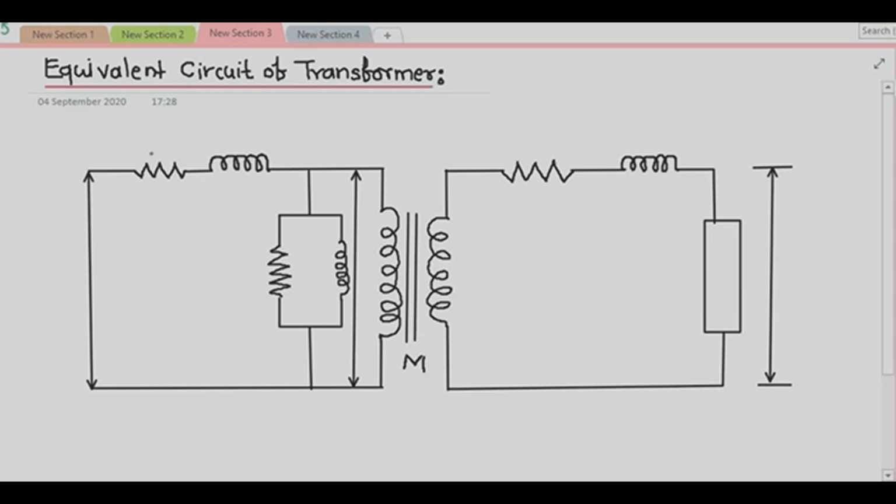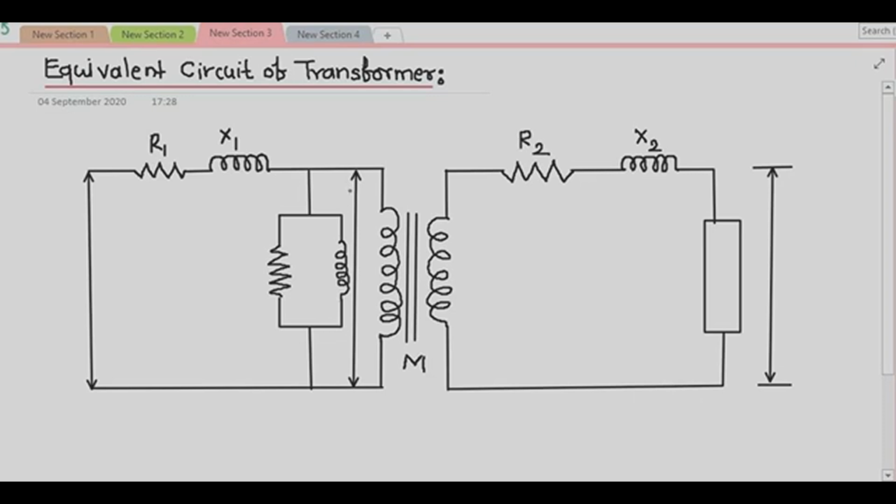R1 is the resistance of the primary winding, and X1 is the reactance of the primary winding. So R1 and X1 represent the resistance and leakage reactance of the primary winding of the actual transformer. Similarly on the secondary side, R2 and X2 are the resistance and leakage reactance of the secondary winding of the actual transformer.